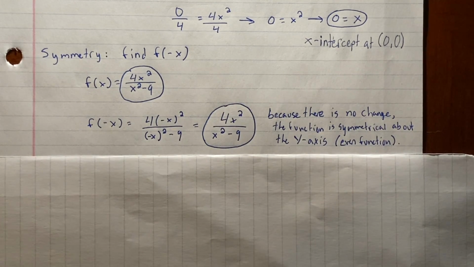So 4 times negative x squared over negative x squared minus 9. Now, when you solve this out, it will of course equal 4x squared over x squared minus 9. And because there is no change, the function is symmetrical about the y-axis, meaning it is an even function.